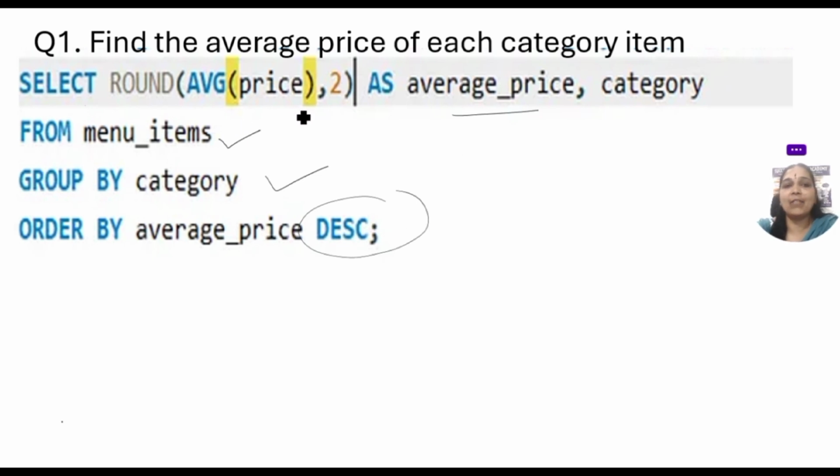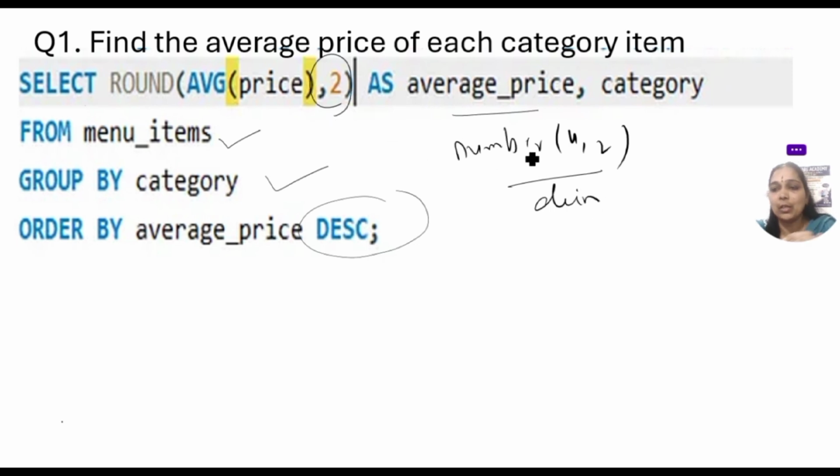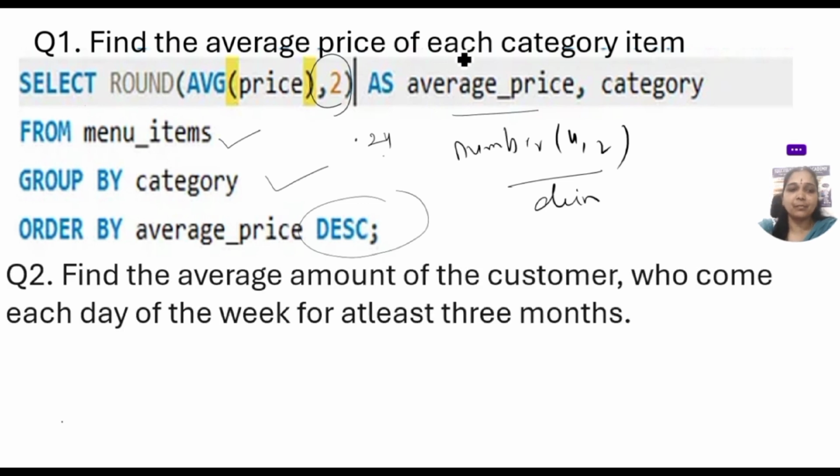Here the average price we made like a float value, that is decimal 4 comma 2. If you write 2, you get only 2 numbers after the decimal point. So round by average of the price; we only need to round to 2 numbers after the decimal. So this is the query to find the average price of each category item.